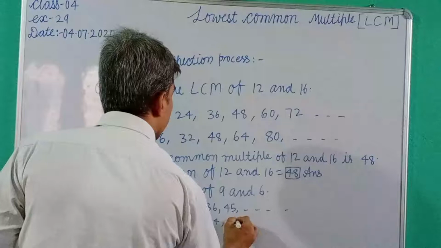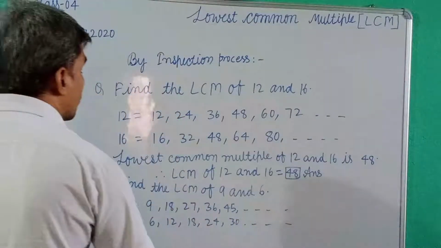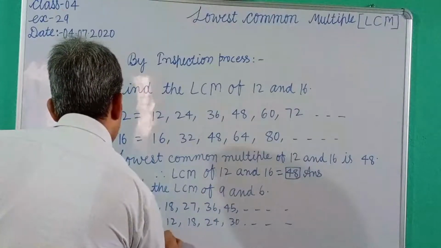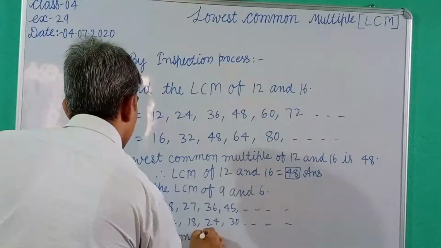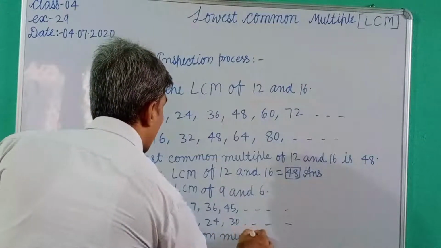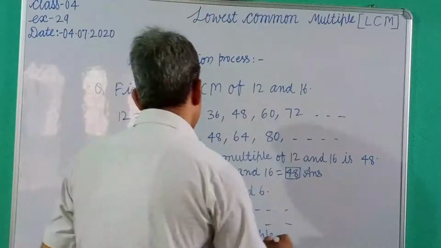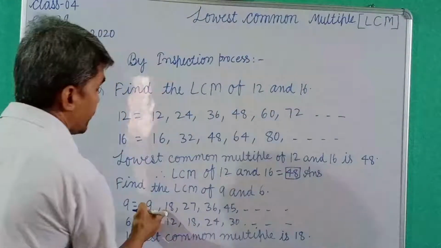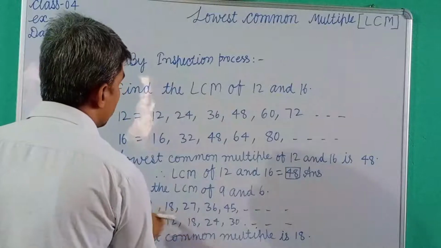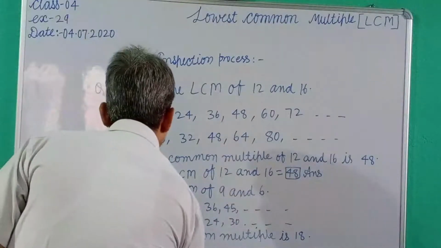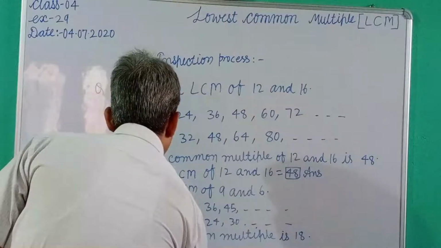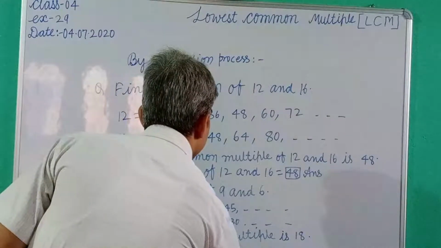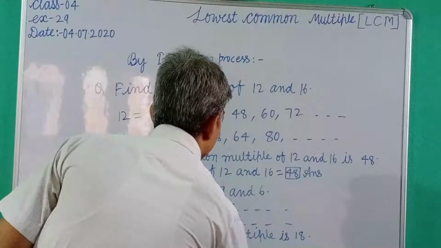You see, the lowest common multiple is 18, because 18 is the lowest number which is common to both of the given numbers. So the LCM of 9 and 6 is equal to 18.